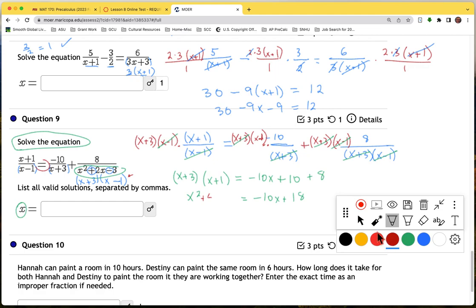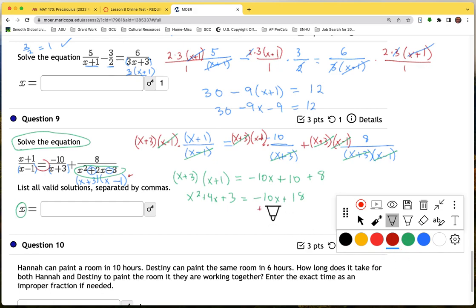Plus 4x plus 3. 3 times 1. Now, it doesn't mean they have to factor, but in this case, it's kind of nice.